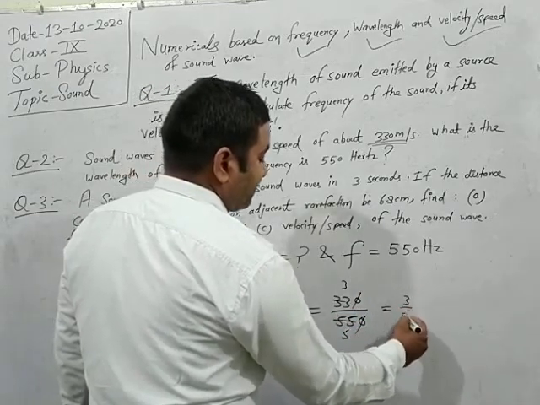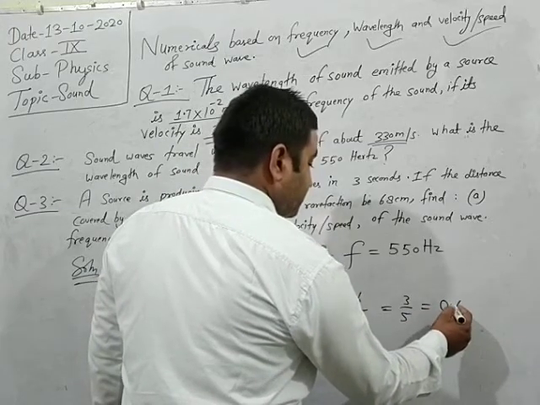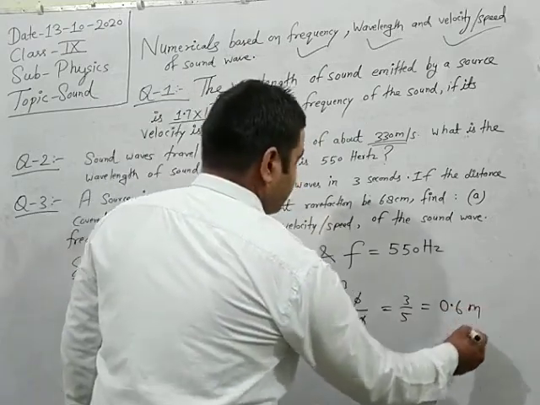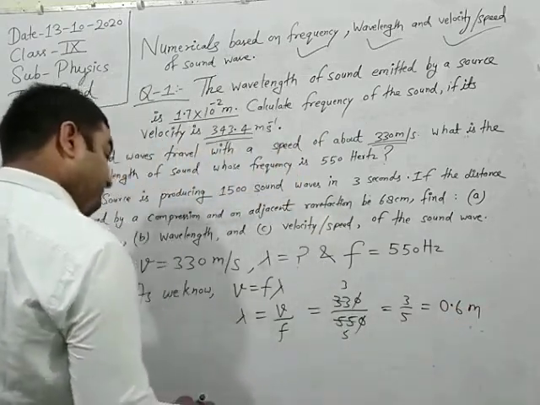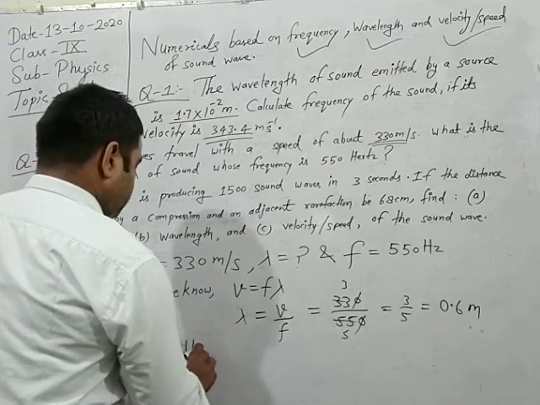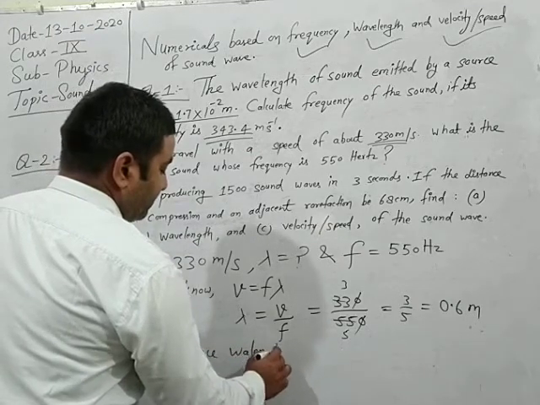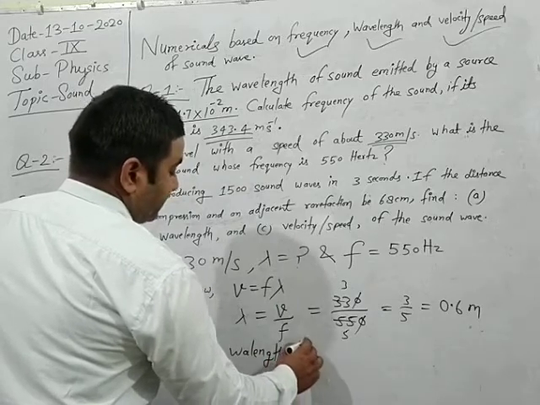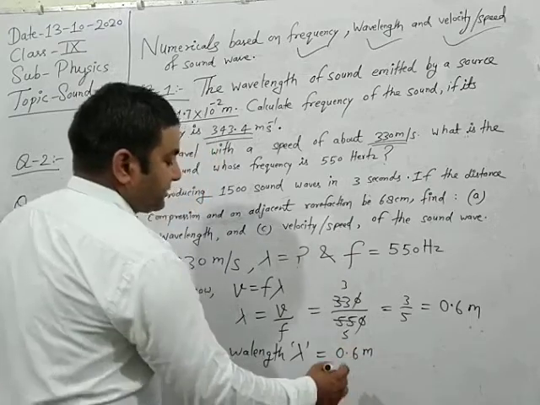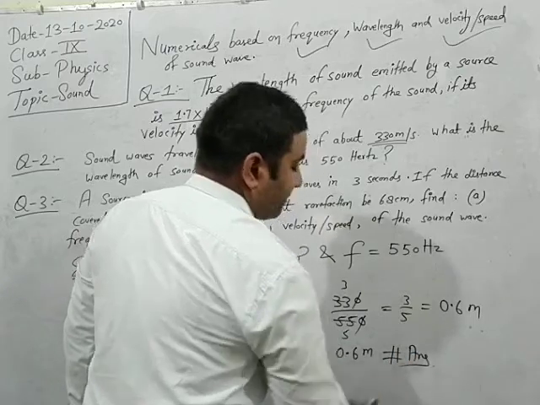That is equal to 3 upon 5, which is 0.6. Clear? So wavelength lambda is equal to 0.6 meter. This is the answer of problem number 2.